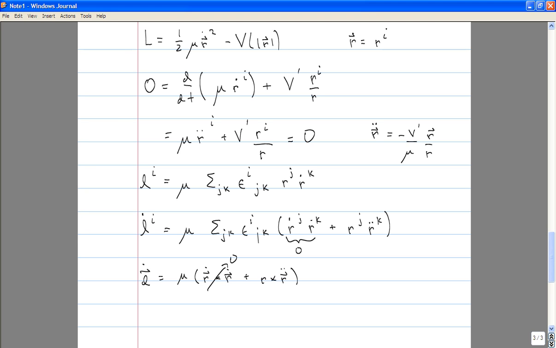So in index notation, that means that r_k double dot is proportional to r_k. So this term is proportional to r_j times r_k and is equal to 0 by the equations of motion. Or in vector notation, I would say that L dot is mu times r cross minus v prime over mu r over the length of r, which is equal to 0 because the vector r crossed with itself is equal to 0.